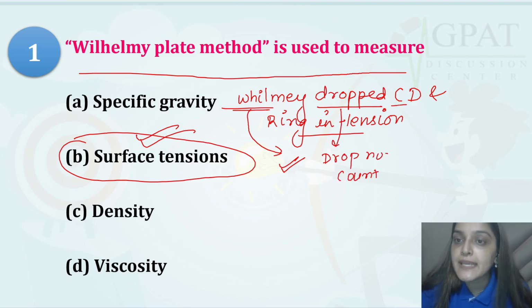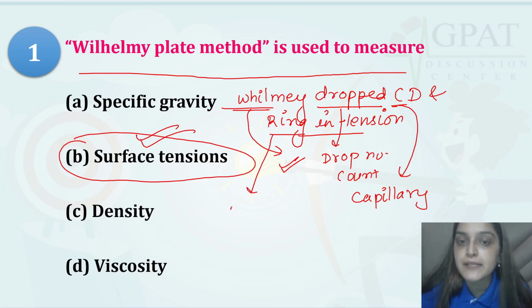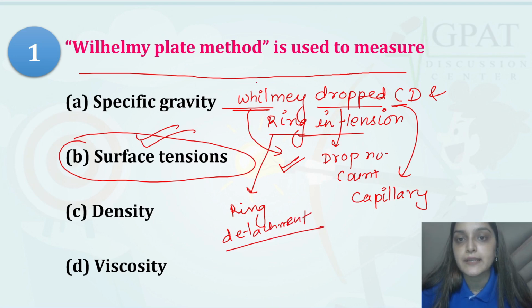C is the capillary rise method. D is the drop number, and secondly the drop weight method. And ring in tension means the ring detachment method. These are all the methods you can easily cover using the simple trick. So we have option B as the correct answer.